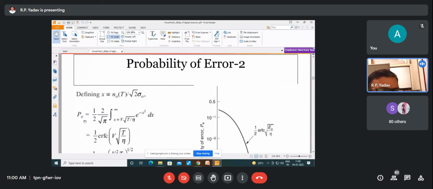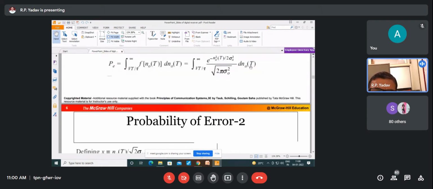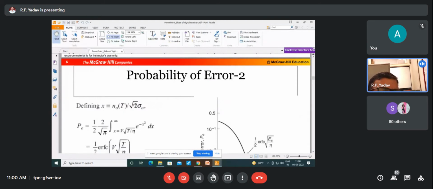So my P comes out to be 1 by 2 upon root 2 pi x. The limits change, you have already done this mathematics probably. Since you have changed the variable, the limits change from T2 corresponding to dn0 T2, to the limits in terms of x.